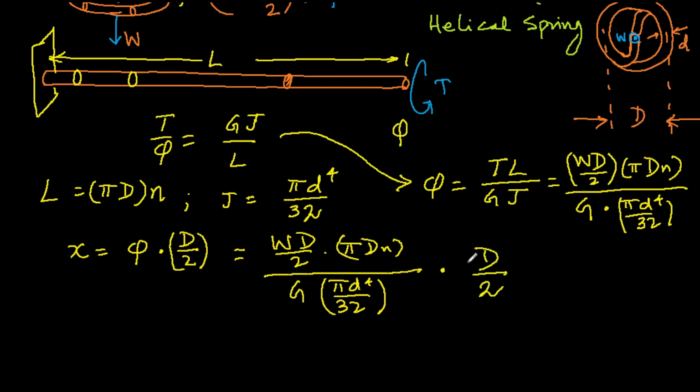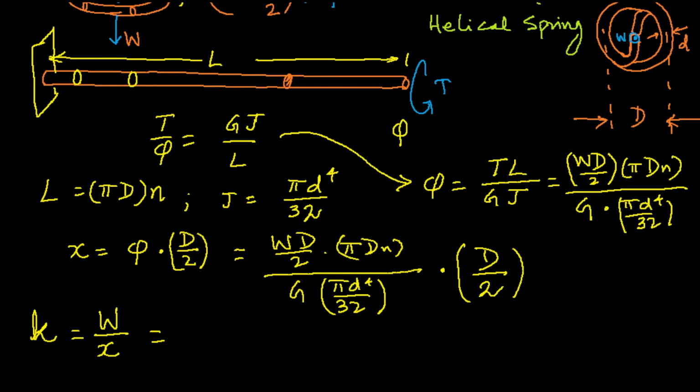Fine. And this is x. And how did we define our stiffness constant k? That was nothing but the weight which we applied divided by x, right?